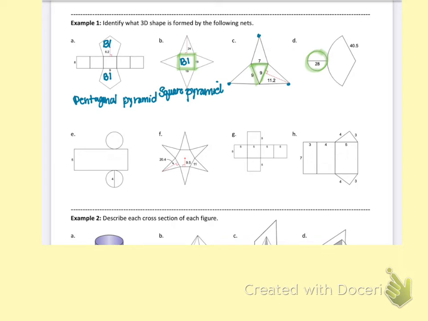And you can imagine folding that up and wrapping around that base. And so I would get a circular pyramid, which is also called a cone. And this would be a triangular pyramid.